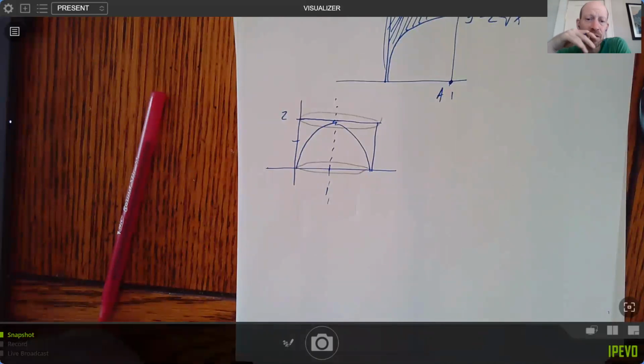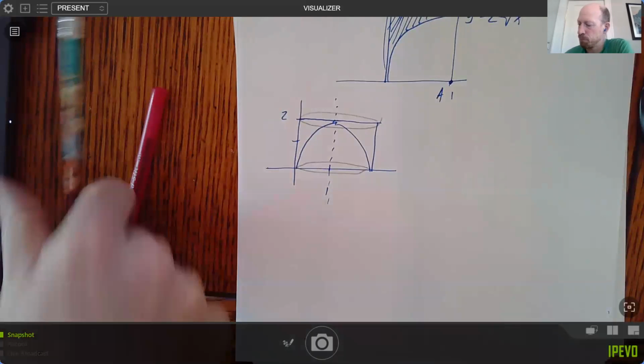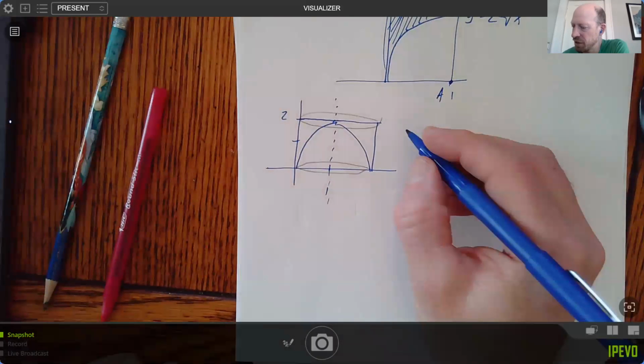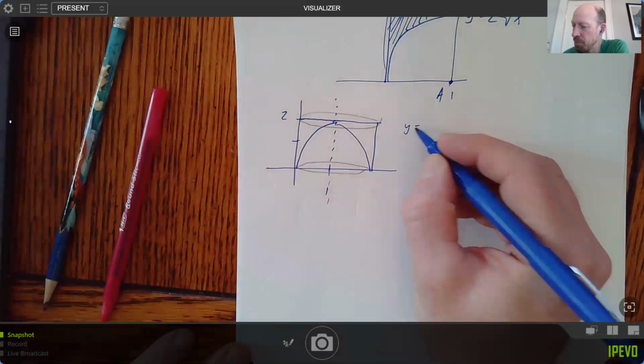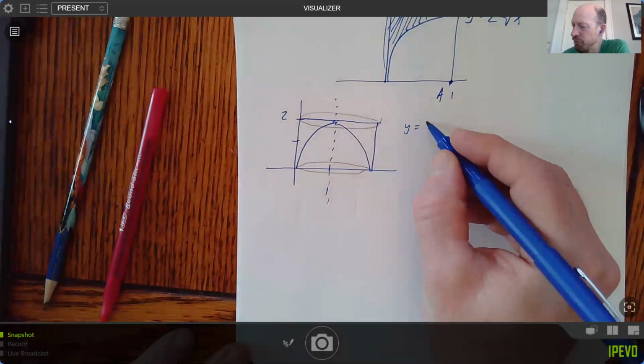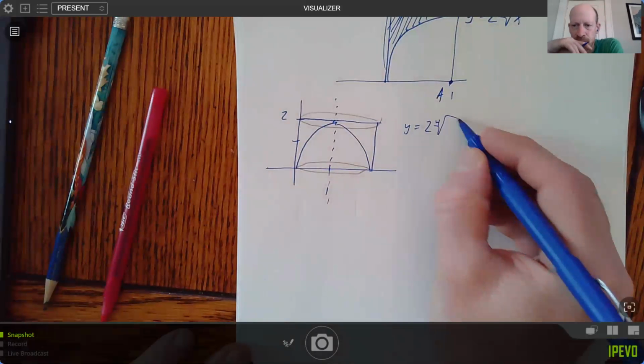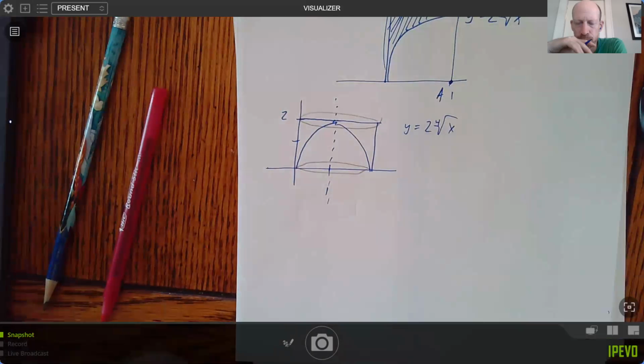So when I look at this, it could go either way. It's not clear to me which is necessarily going to be easier just from looking at the shape. Remember, the function here is written y equals 2 times the 4th root of x. That's going to be pretty easy to change back into y values.